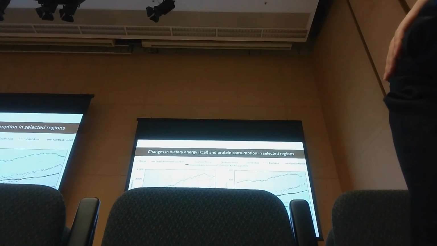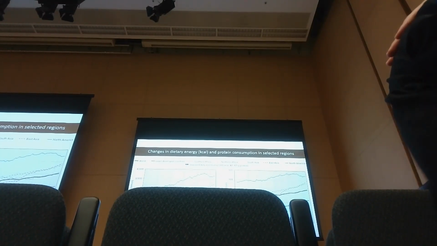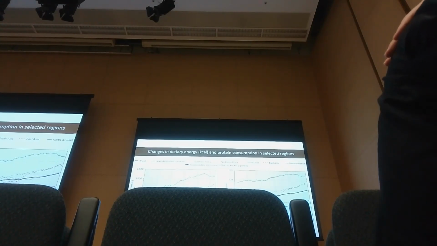But in general, in most of the places, you observe this increasing trend. So things are actually getting better in terms of energy consumption. We have more resources, and we have increased levels of energy and protein intake, although we have this uneven distribution in terms of resources and energy and protein consumption levels.